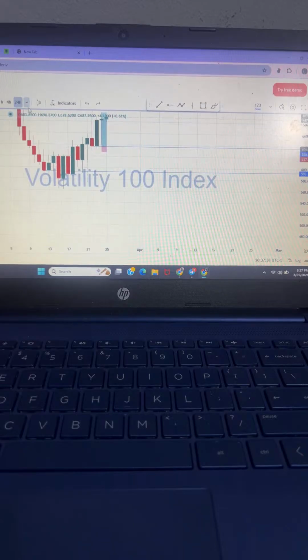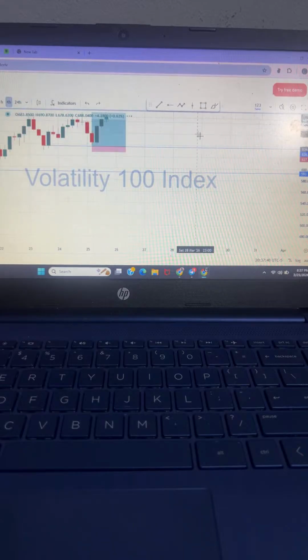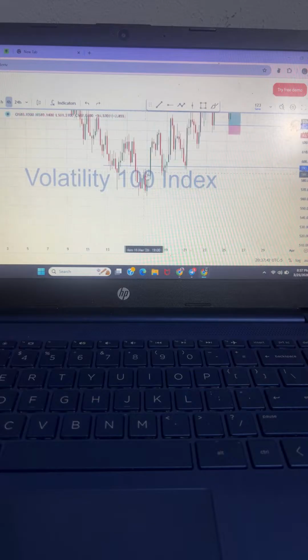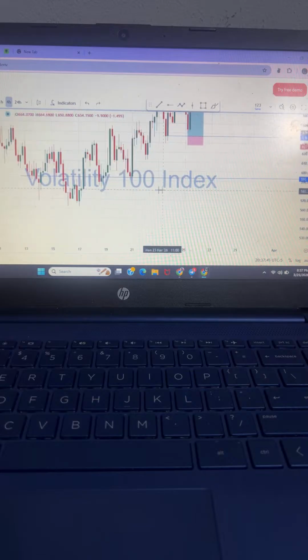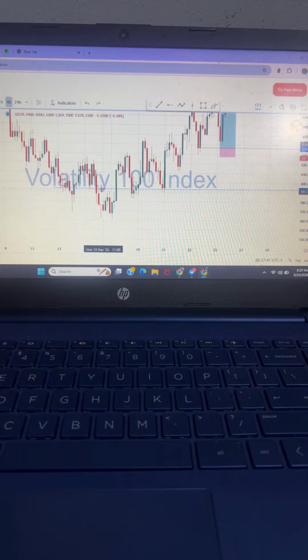So then I jumped to my 4-hour time frame, and on the 4-hour, as you can see right here, the market is making highs and lows.